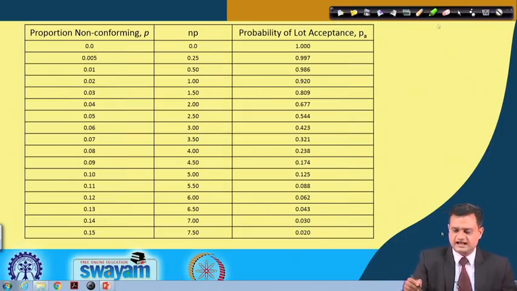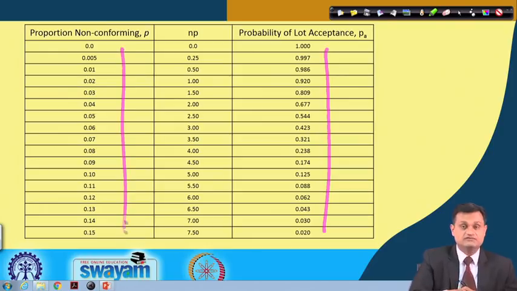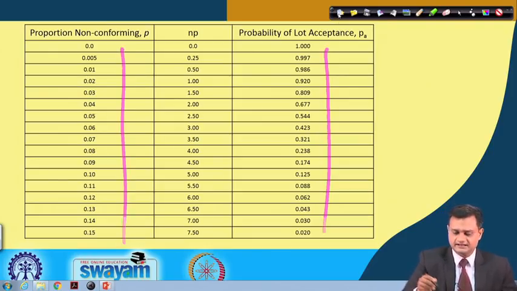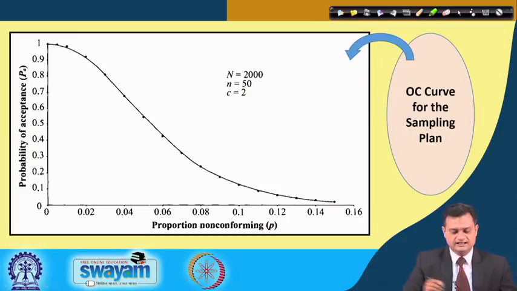So once I found this PA, which is the probability of acceptance, and I have the value of P, then my task would be simple and I will plot the OC curve.